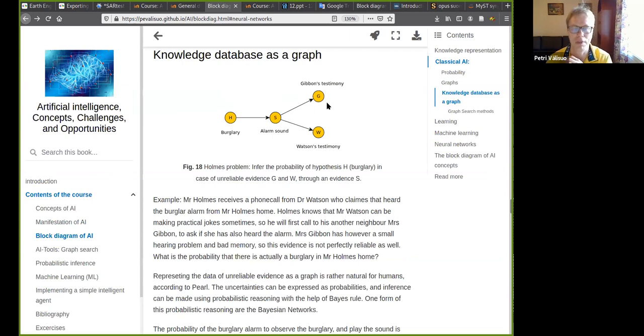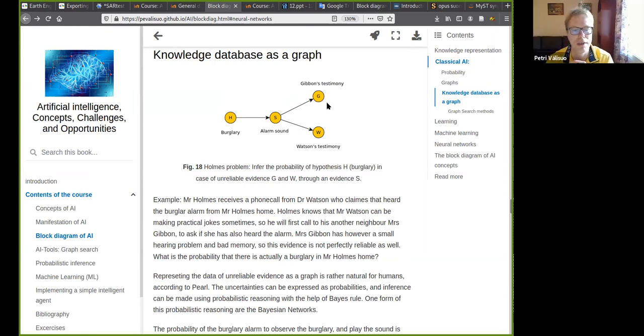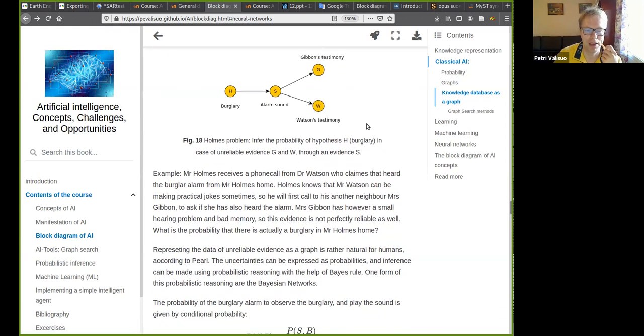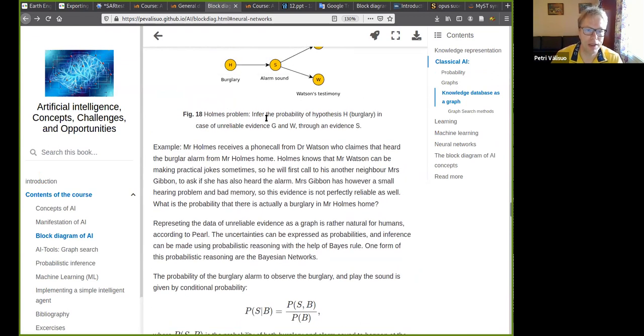And now, while we have encoded all this information in this belief system, we can calculate the probabilities of different hypotheses based on the observations that we have. And this is usually done using a Bayes rule and statistics. So we can describe these connections between the nodes as conditional probabilities.